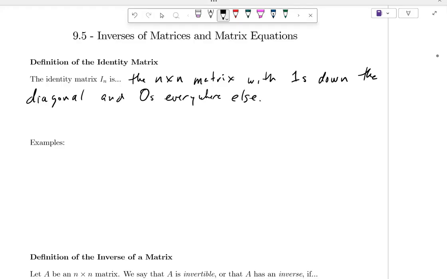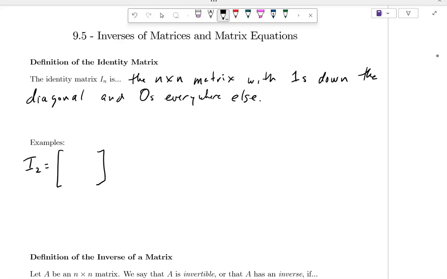Okay, so just to write down what I mean by that, if I talk about the I2 matrix, that's a 2 by 2 matrix. Identity matrices are square. When I say ones down the diagonal, remember when we did our Gauss-Jordan method and we were trying to get those stair-stepping ones? That's what I mean.